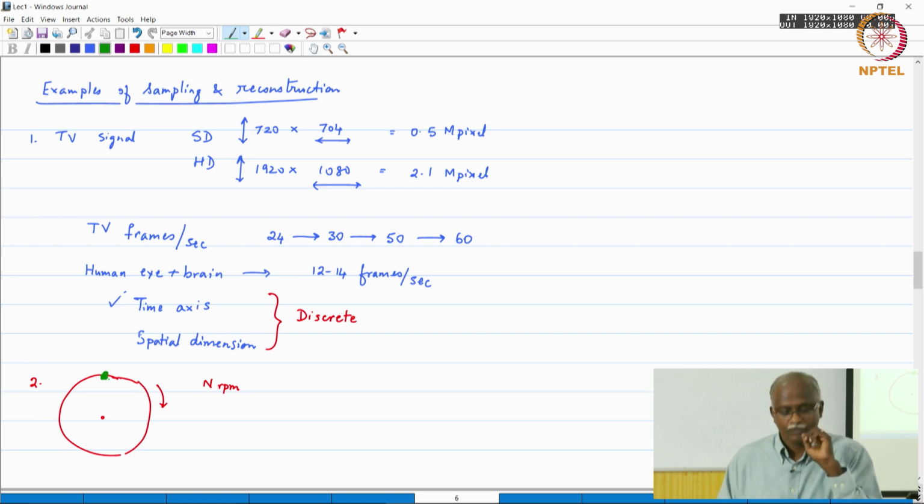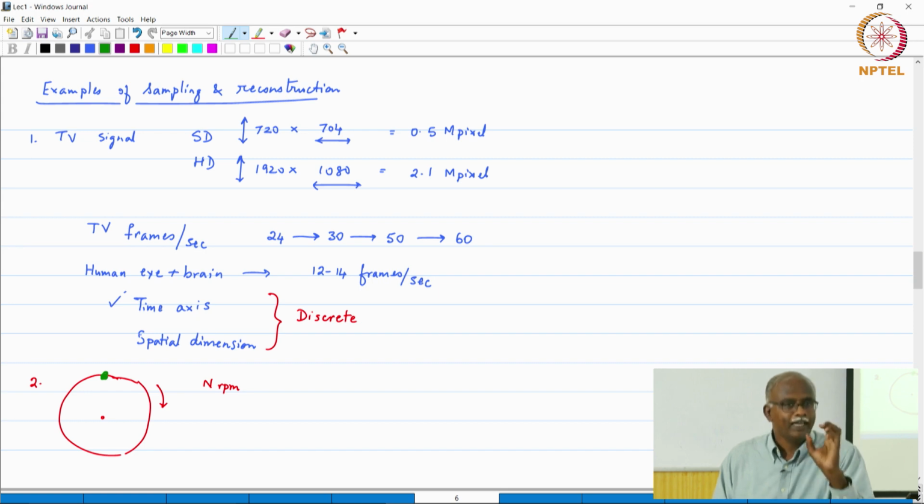Now, if I view this wheel n times per minute, what does the wheel look like? It looks stationary. Why is that? Because every time you view, the point is at the same location.